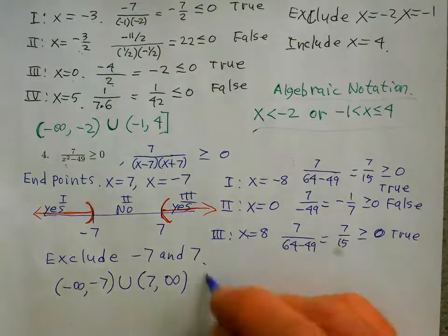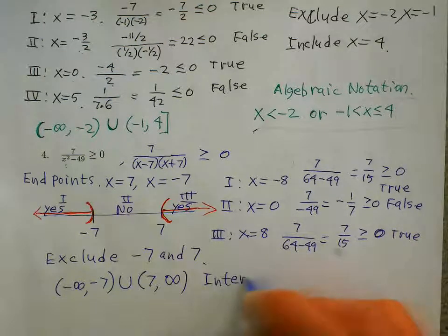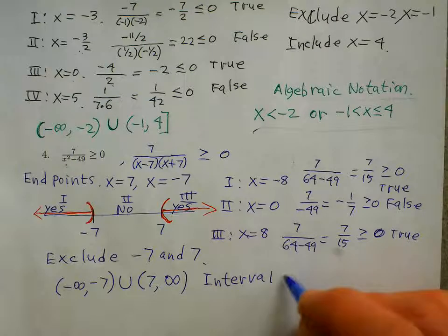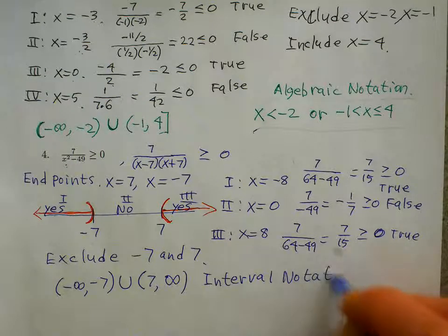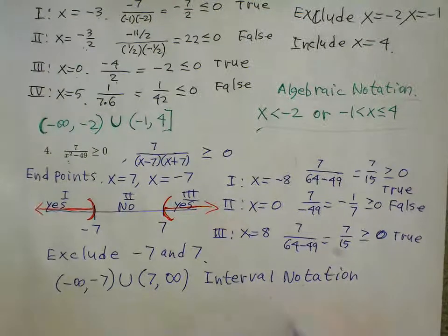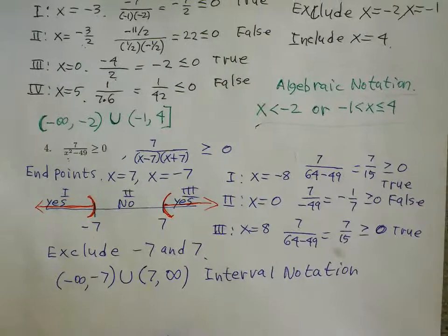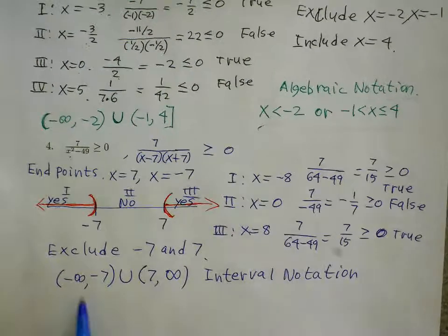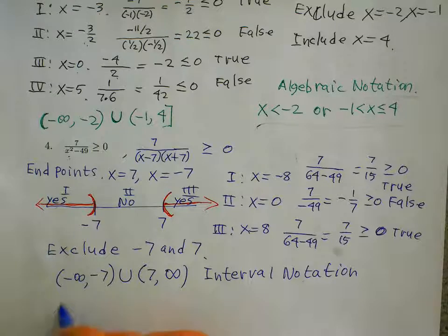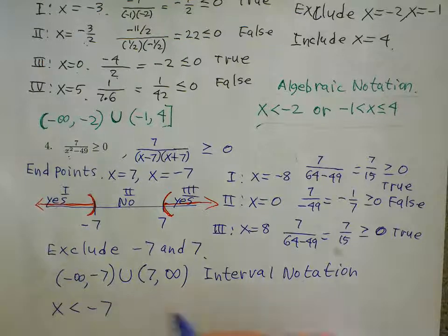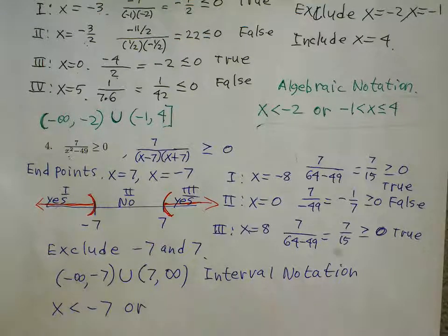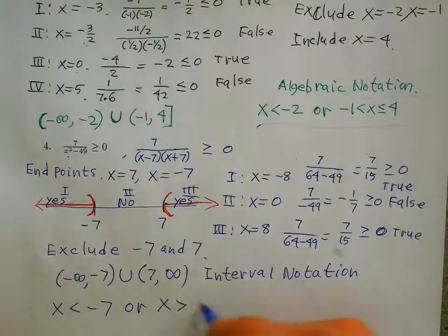This is the interval notation. The algebraic notation, x is the variable, so this part of the number line, x is less than -7. And then or x is greater than +7.